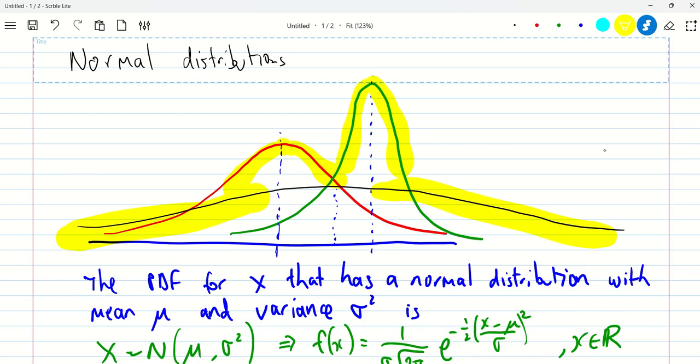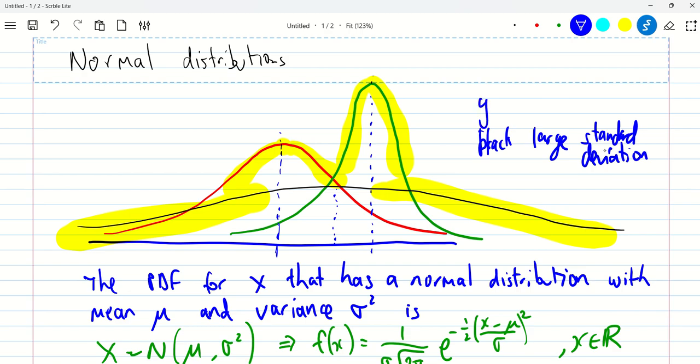So the black one would have a large standard deviation. On average, the values deviate a long way from the mean. So black would have a large standard deviation, and green would have a small standard deviation.